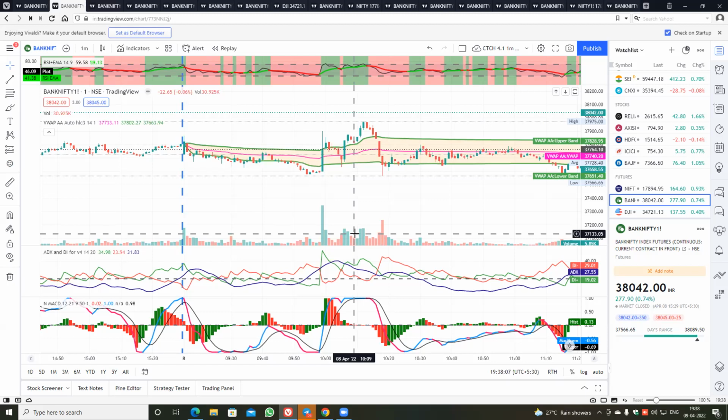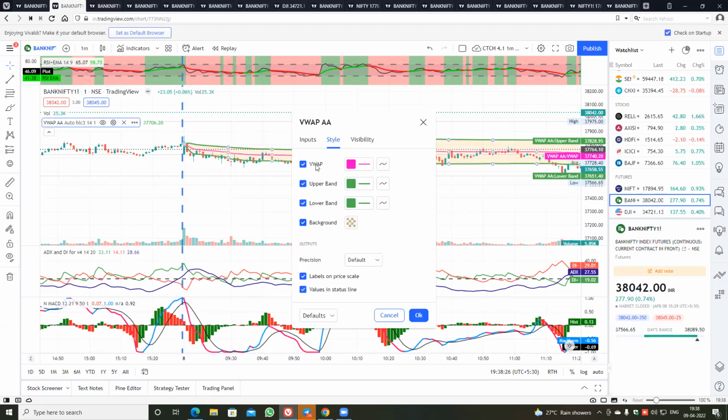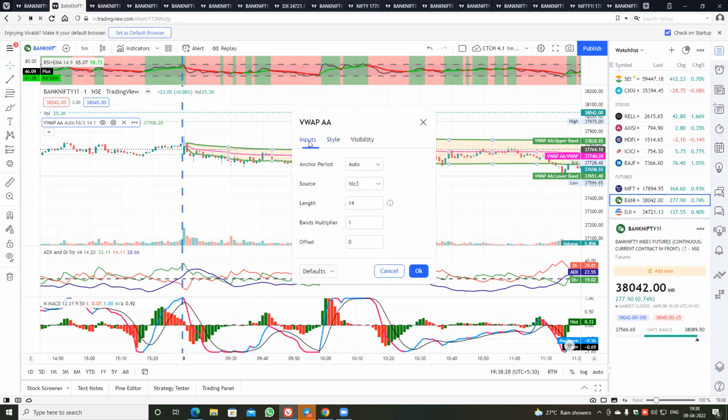VWAP is very important because it provides us with insight into both trend and value. So this is a benchmark indicator to look into whether you are going for long or short. I would like to open these settings and show these things.